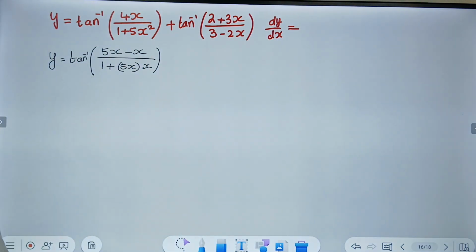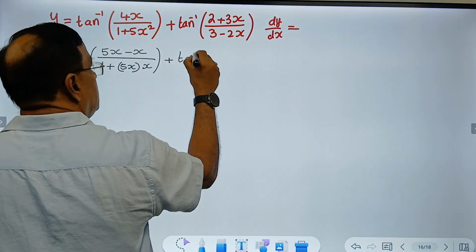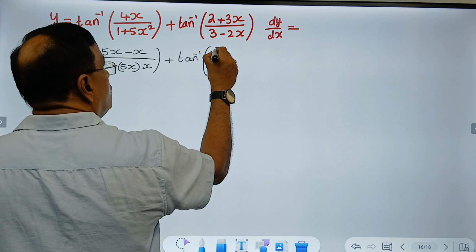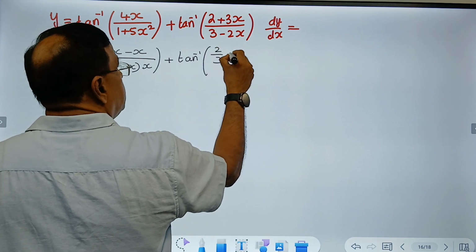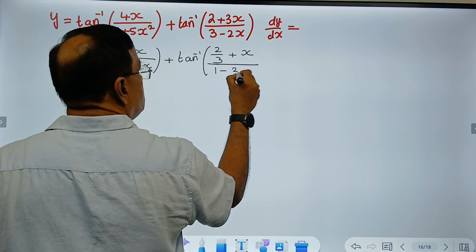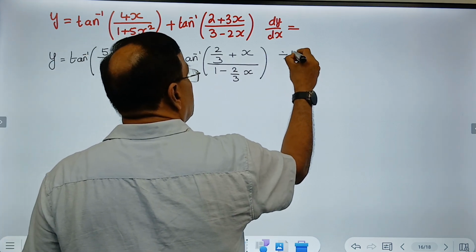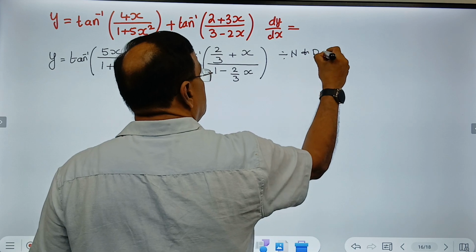Now can I write this as tan inverse of 2 by 3 plus x divided by 1 minus 2 by 3 into x. What did I do? I divided numerator and denominator by 3.